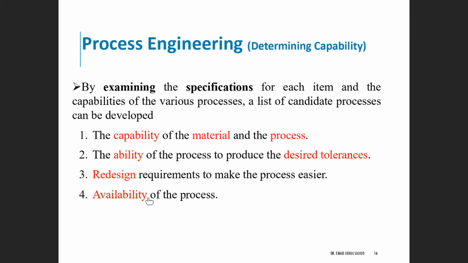You also review the tolerance. Here, after you establish the tolerance, you work on how your process, or how an alternative process, can achieve that tolerance, and you evaluate the process capability. There is a calculation called the process capability index.